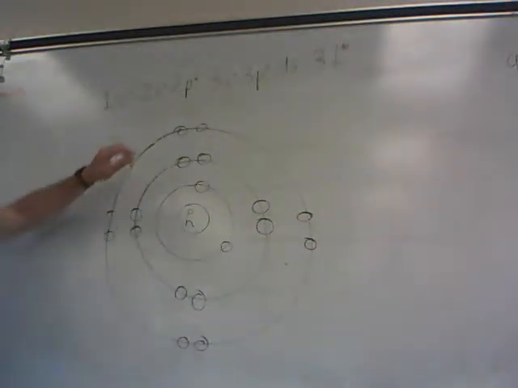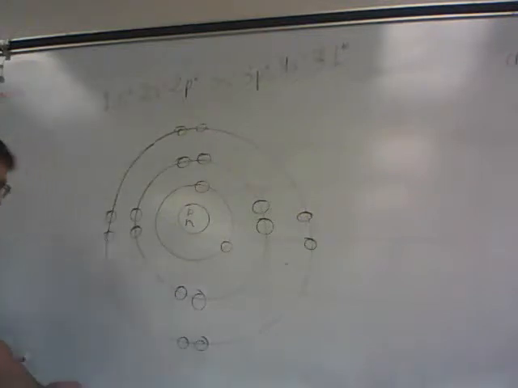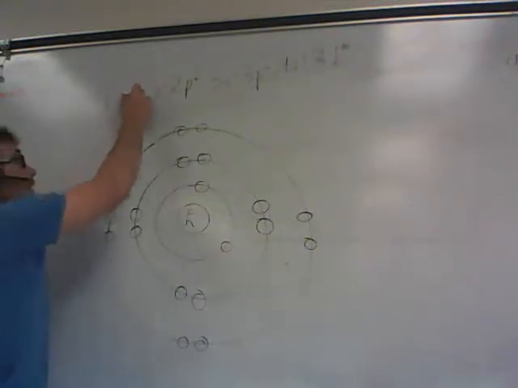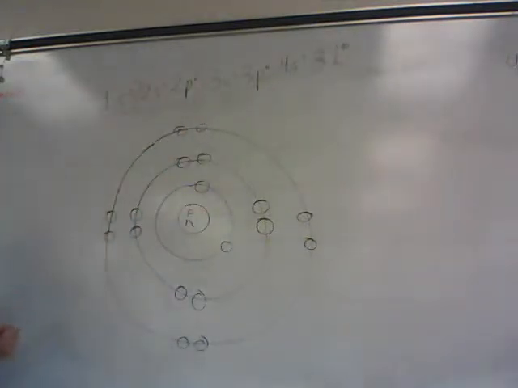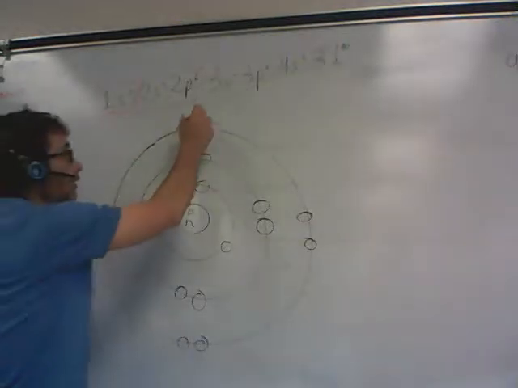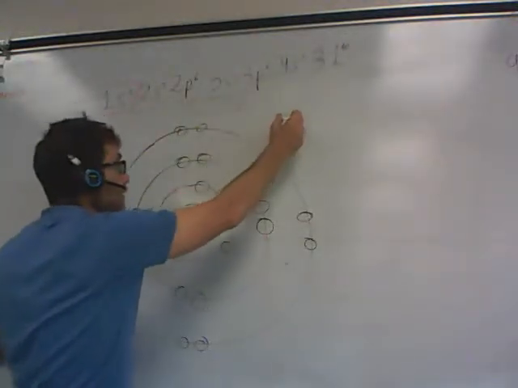Okay? If you look here, the first level has 1s2, 2 electrons. The second level has 2 plus 6, 8 electrons. And the third level can have 8 plus 10.